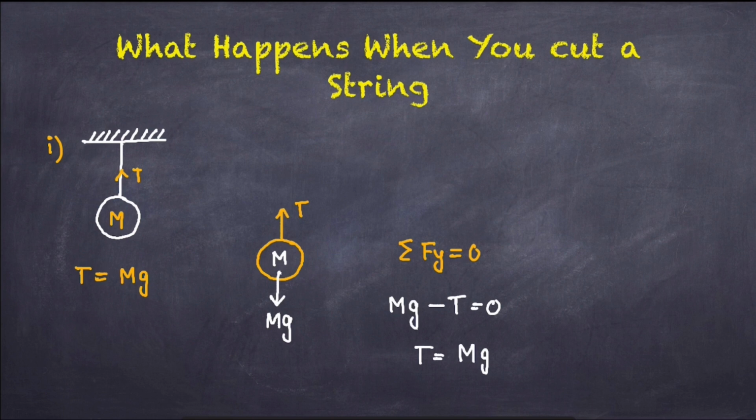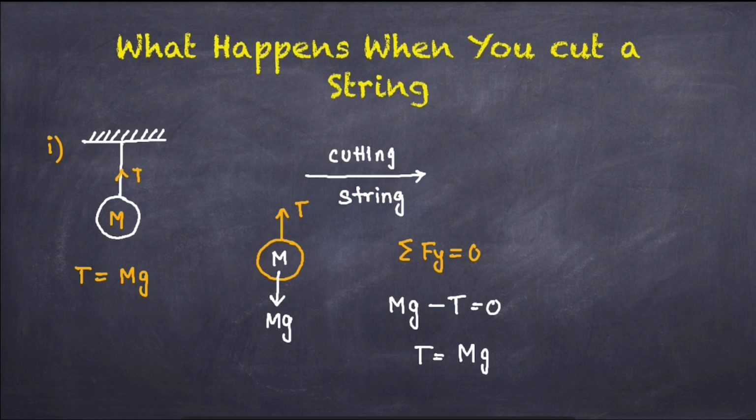Now suppose I cut the string. What happens? I am just cutting the string from here. If I cut this string, the tension in the string becomes 0 and the string becomes slack.